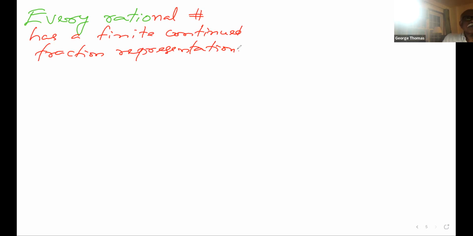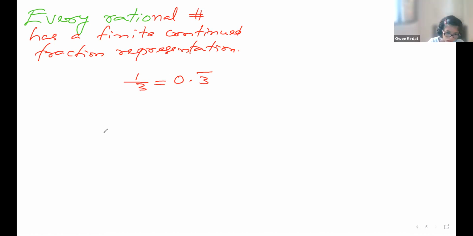Wow, this is wonderful. In decimal, 1/3 is not 0.3 repeating, isn't it? Yes, it goes forever. But in continued fraction, it doesn't.